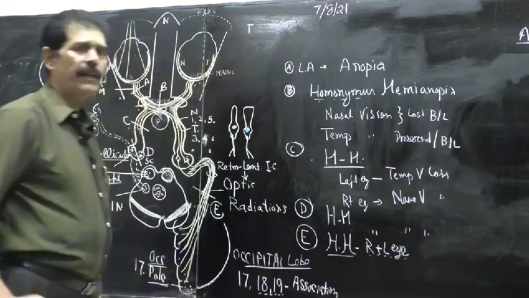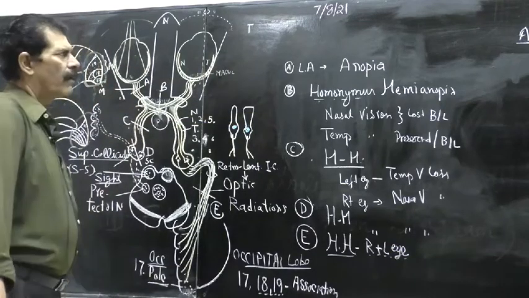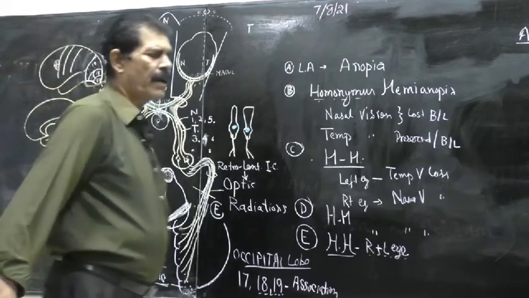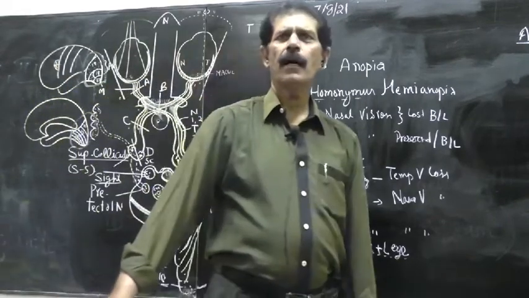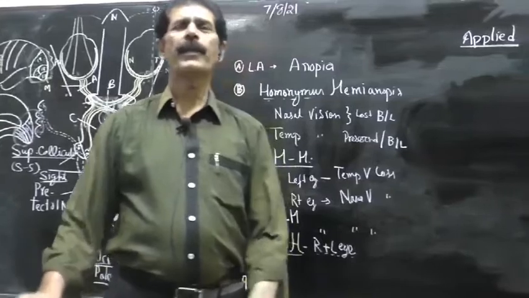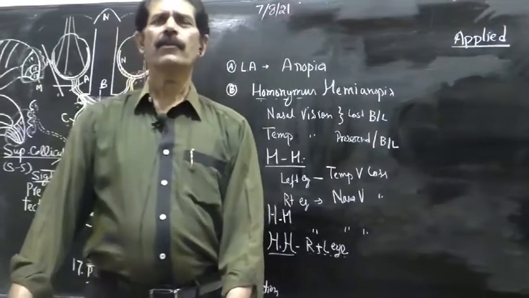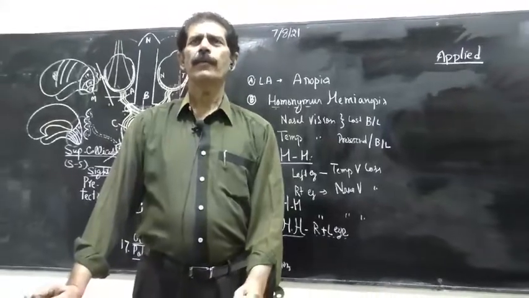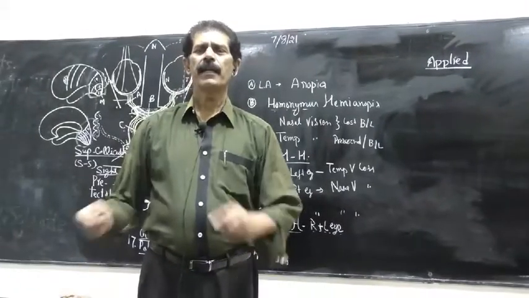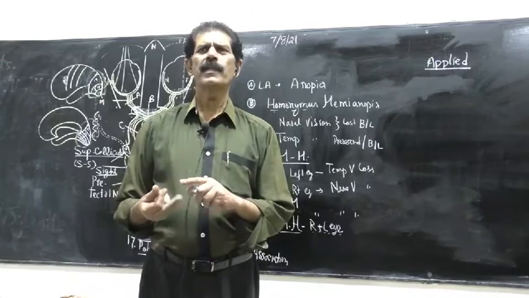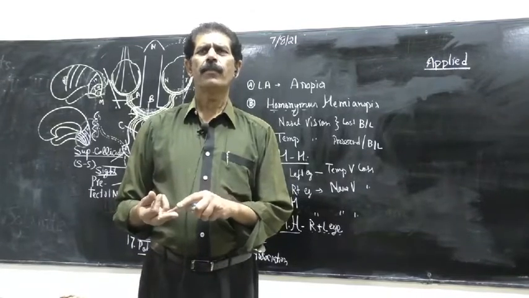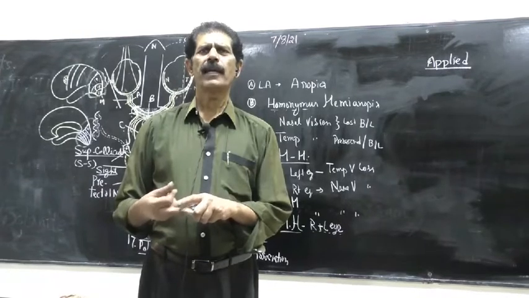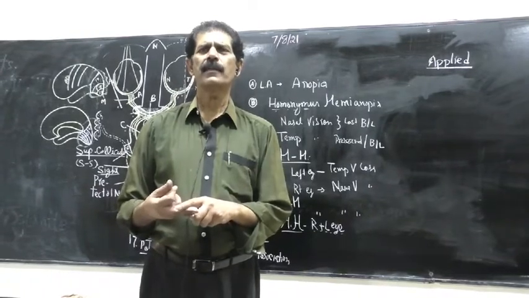So this is how we deal with all the concerned applied anatomy related to eye vision and optic radiations. Whenever a question on the optic radiations comes, you should know how the optic nerve is formed from the retina, having two visions, nasal and temporal, and from here they form the optic chiasma, where only the nasal fibers cross.